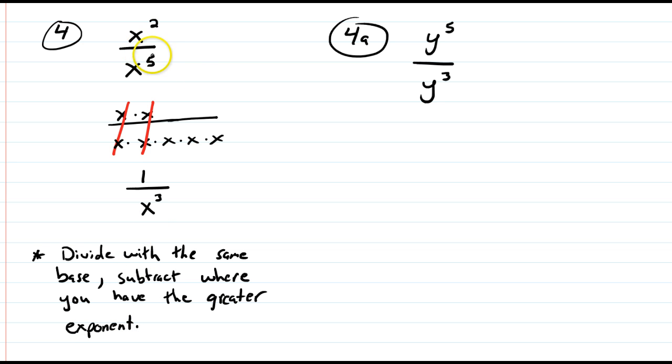Here I have more x's on the bottom, and so I would do x to the 5 minus 2, which gives us x to the 3rd.